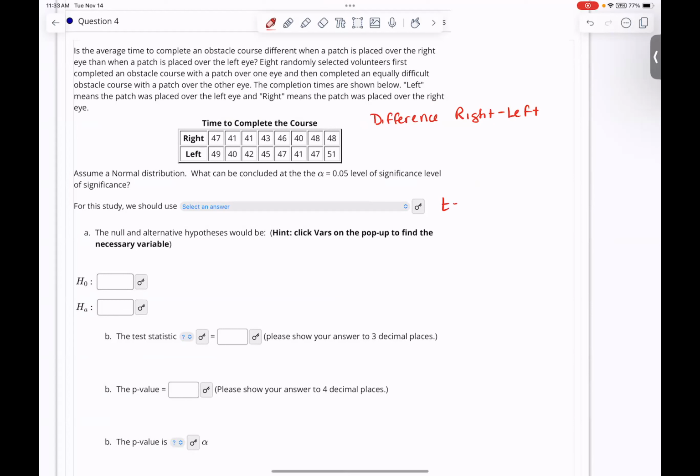So we're going to run a t-test on two dependent or paired sets of data. I don't remember what the drop down says. Okay, and we're going to do a t-test on the differences.